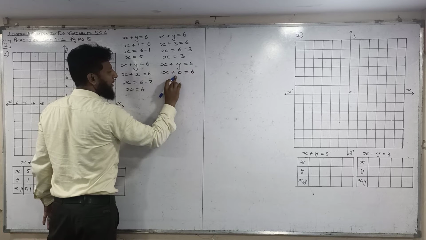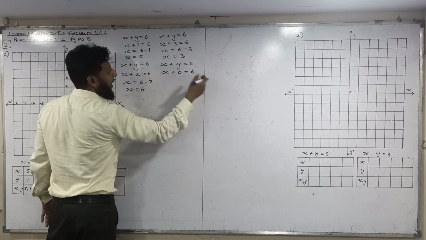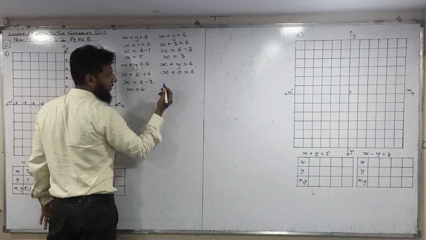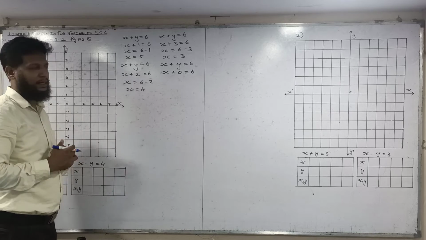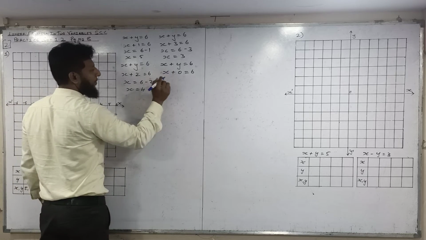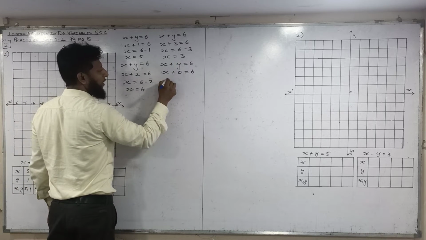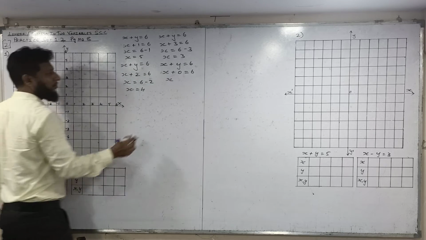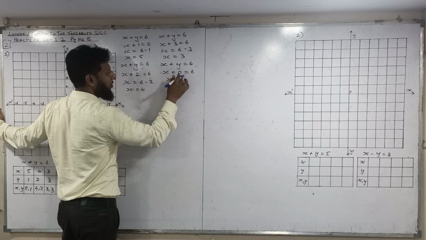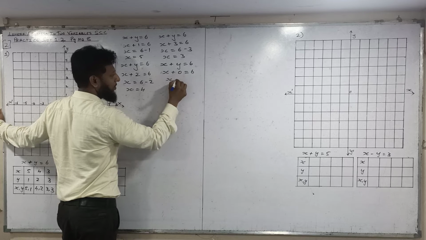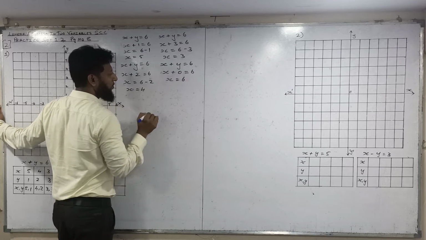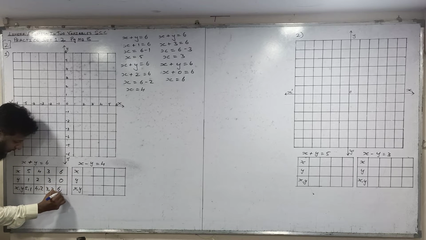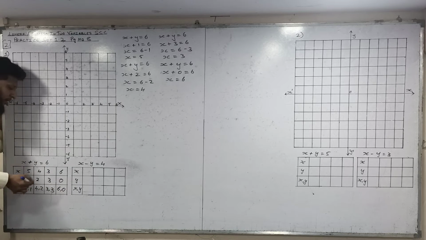When y is 0, 0 will never add or subtract with any variable or number, so x is equal to 6. So I get x value 6: the point 6 and 0. At least take 0 if not negative.